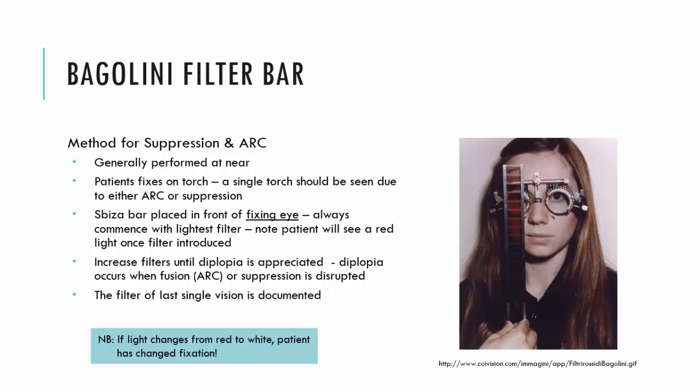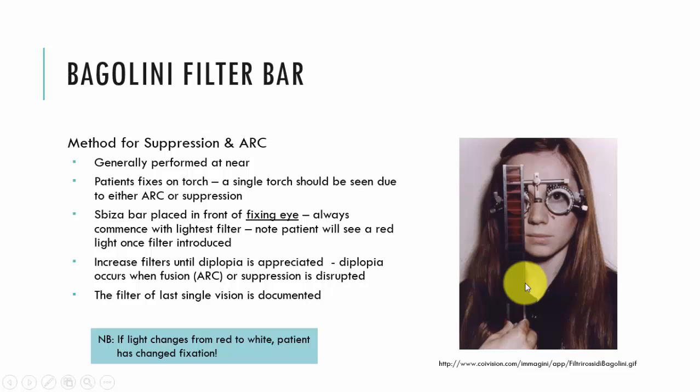If, on the other hand, diplopia isn't seen until one of the very last filters or is not seen at any point through any of the 17 filters, then what you have is a dense adaptation. And so what that's also telling you is that patients who are disrupted earlier on with earlier filters, you're running the risk of disrupting their adaptation if you treat them, versus a lower risk of disrupting them if they've got very dense suppression or well-entrenched ARC.